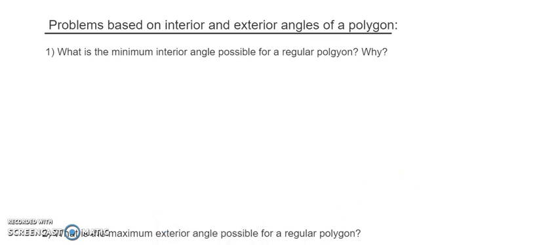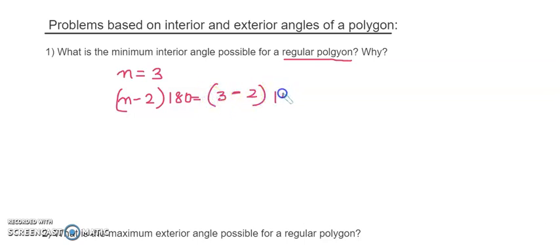So here, we need the minimum number of sides that a regular polygon can have. First of all, what is a polygon? It should be a closed shape, correct? That means the minimum number of sides that a polygon can have so that it is a closed shape is n equals 3. So for the minimum possible interior angle, let's find the sum of all the interior angles for a polygon with 3 sides.